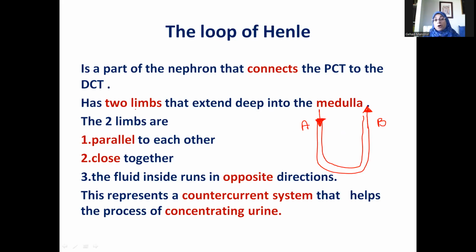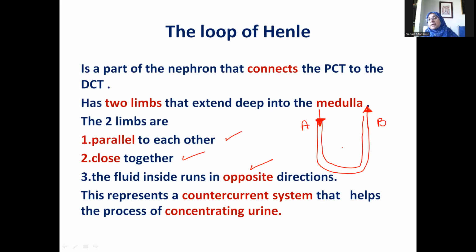So these are the characteristics: the two limbs are parallel, very close to each other, and the fluid inside them runs in opposite directions. Whenever you have this, you maximize the function.